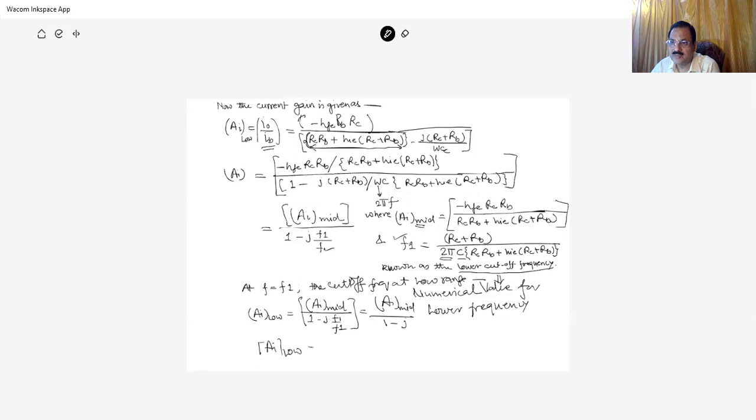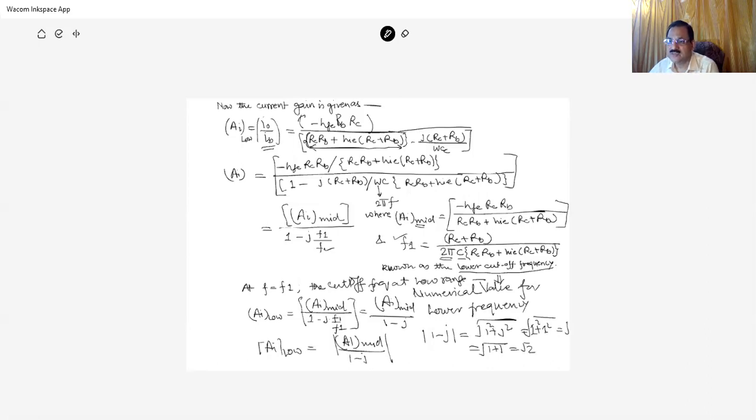This AI low can be written as modulus of AI mid upon 1 minus J. Mod of 1 minus J is nothing but under root 1 square plus 1 square, that is under root 1 plus 1, that is under root 2.